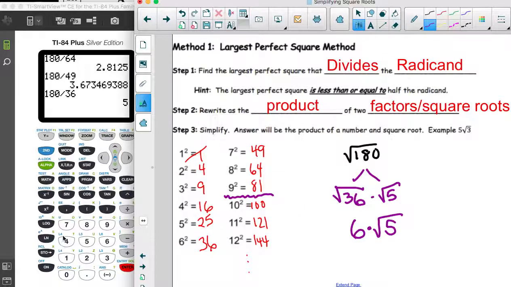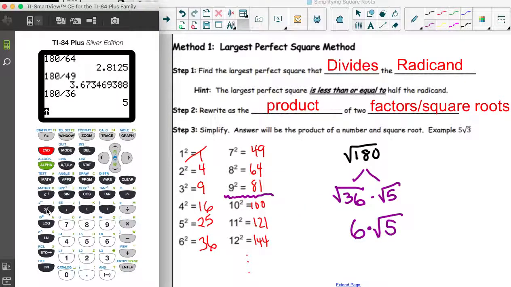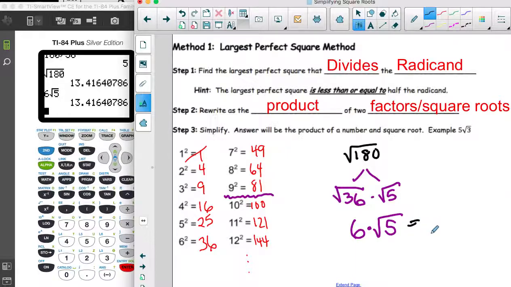And we can check our answer, at least the decimal, to see that we get the same answer. So the square root of 180 is 13.416. 6 times the square root of 5 is 13.416. So I know this, in fact, does equal the square root of 180.